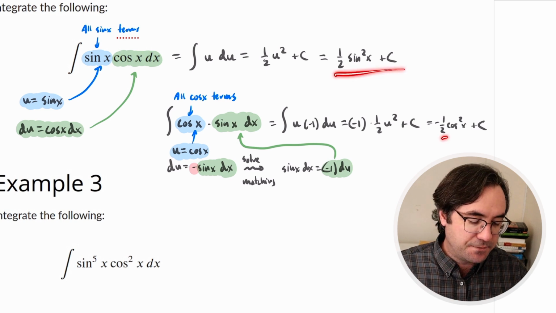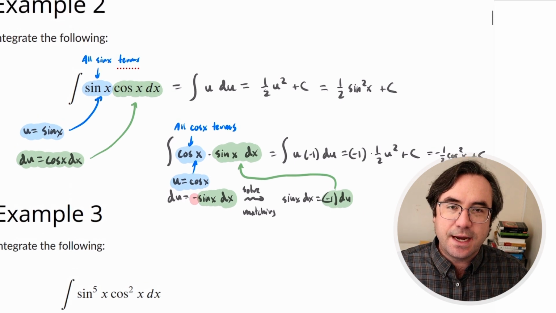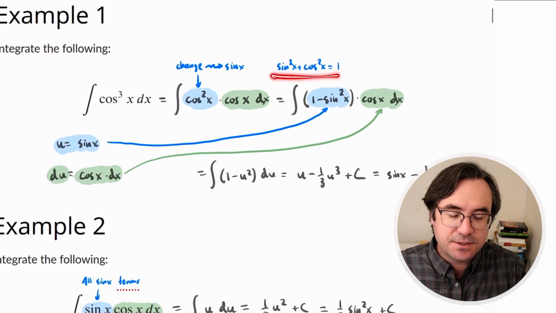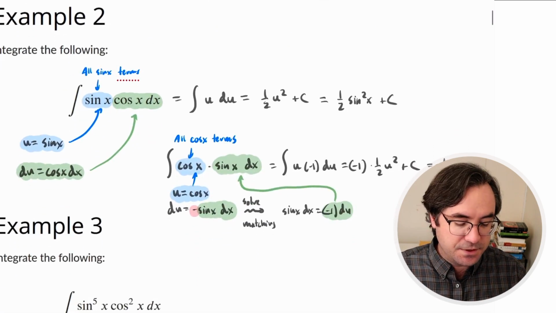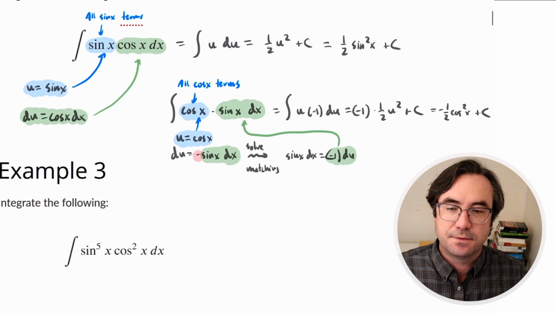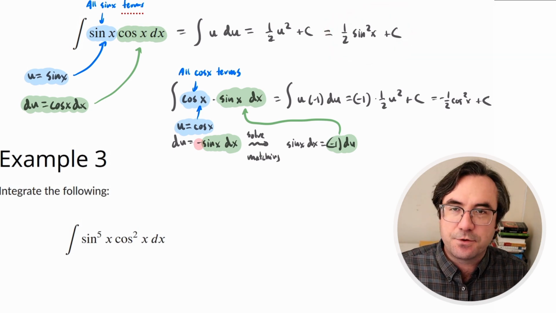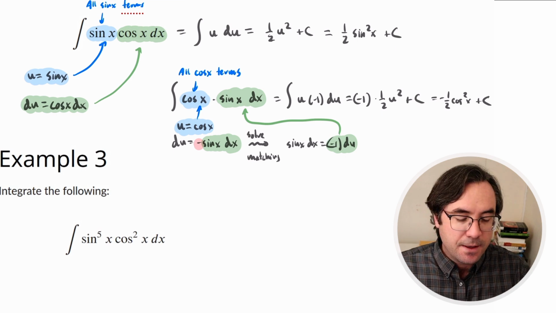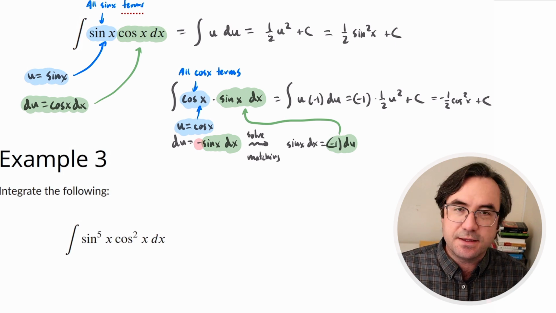Now these might look like different functions, but as we've seen, there's a trig identity that relates sine squared and cosine squared. So even though these answers might look different, they're equivalent. So if you're practicing along in class and I do it one way and you do it another way, just because we get answers that look different doesn't necessarily mean that it's incorrect.